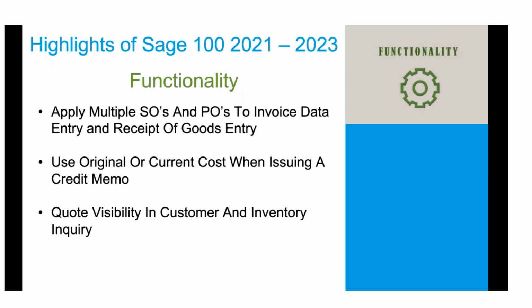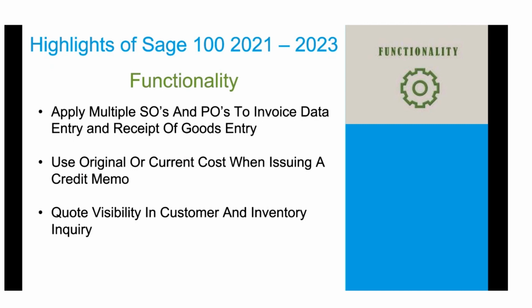But that window did not show quotes. That is new functionality in the system now: underneath that orders tab, you can now see quotes that are related to that customer and/or inventory item. It was kind of interesting that quotes got eliminated from that inquiry screen for whatever reason.